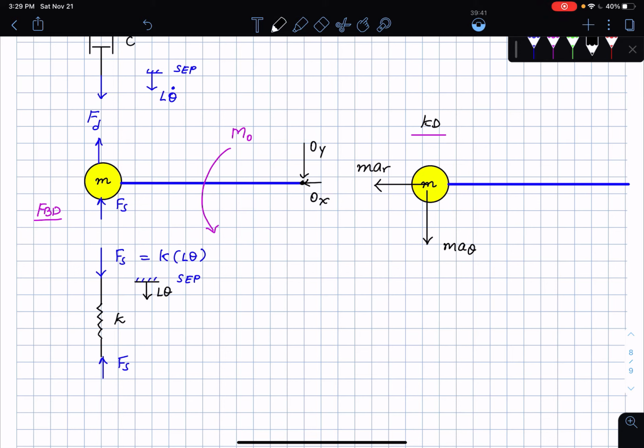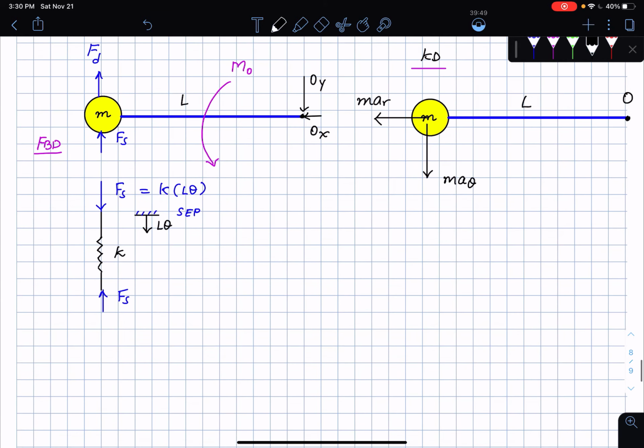Then the idea is, how do I find the equation of motion? Now you see I can't just sum forces up, because that's not going to help me. So I'm going to call this point O, and this is the total length L. Now to find the equation of motion, because I have the pin reactions, here is what I have to do. Find the equation of motion if we consider a torque acting on the system, rather than an applied force.